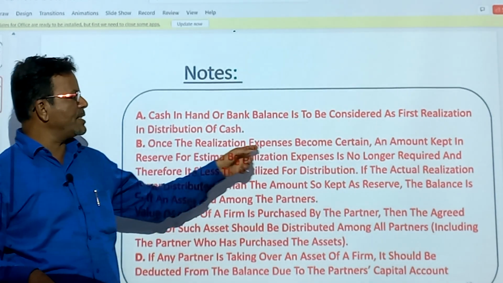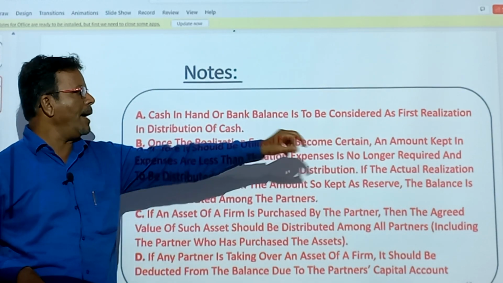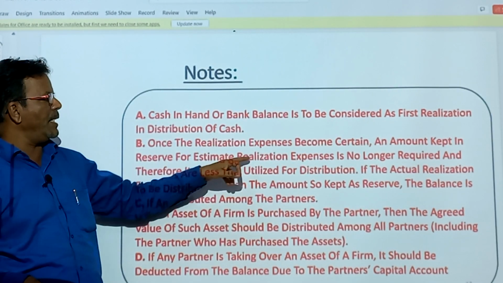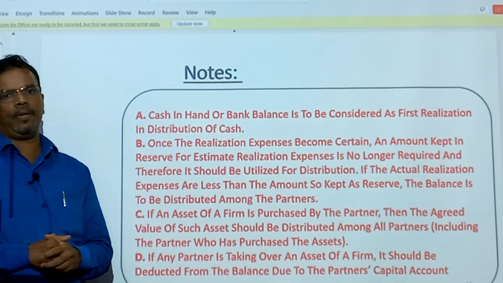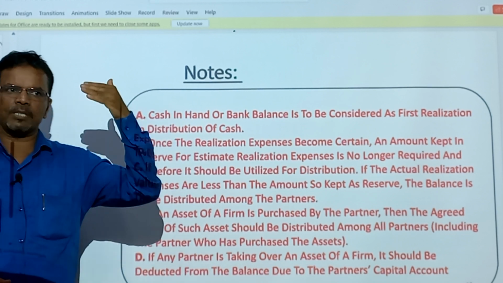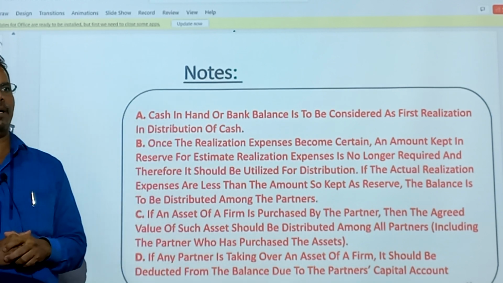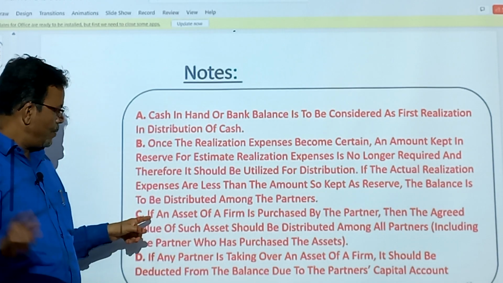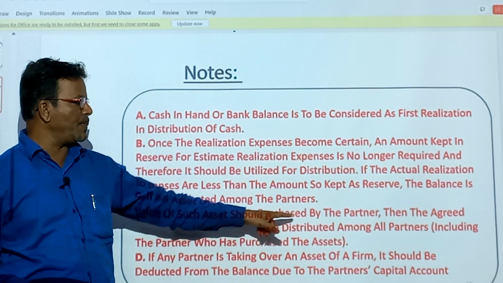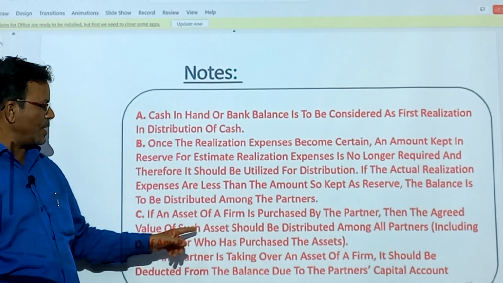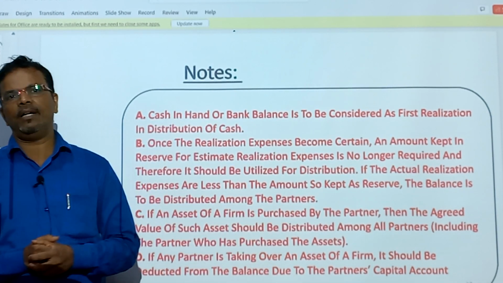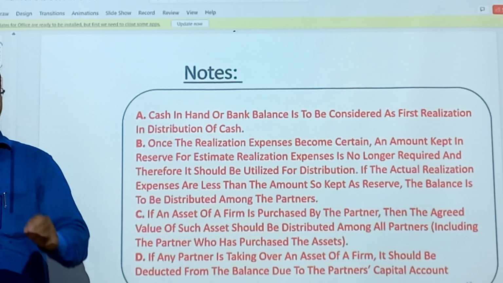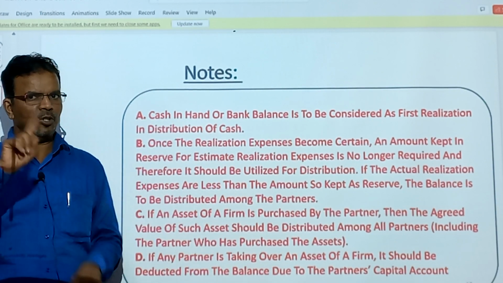Second, once the realisation expenses become certain, an amount kept as a reserve for estimated realisation expenses is no longer required. Once we have paid the realisation expenses, that is not our liability. After distribution, if any asset of the firm is purchased by a partner, then the agreed value of such asset should be distributed among the partners. Whenever a partner takes any asset, it is not free of cost.